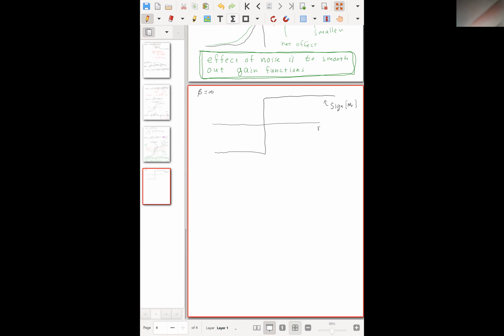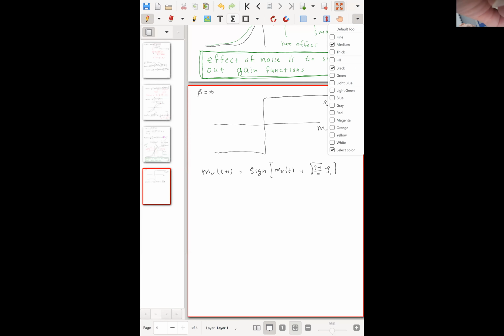This is M nu. Now it's a little more complicated, but we effectively have M nu of t plus 1 equals sine of M nu of t plus root p minus 1 over n squiggle I. And now it's sort of easy to see what's going on.